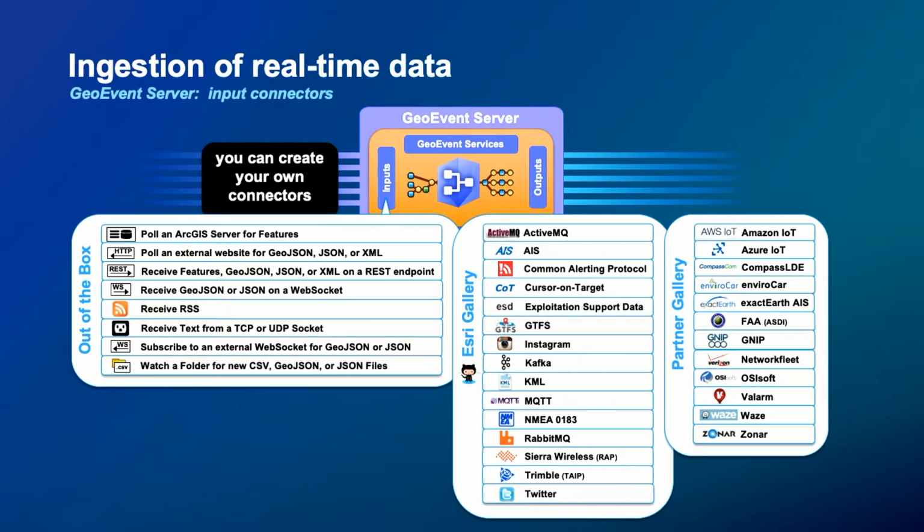We also have the capability of monitoring files in folders. In addition to these connectors, we also have a list of input connectors that are hosted on the Esri gallery and the partner galleries. Before you develop your own connectors, you should always check with these sites and see if someone has already developed something that may meet your needs.